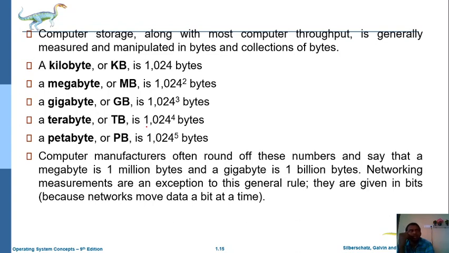In our computers we represent data in the form of bytes, which may be kilobytes, megabytes, gigabytes, terabytes or petabytes. But coming to networks, whenever we transfer such data through networks, such information is represented in bits only: megabits, kilobits, gigabits, terabits, petabits.